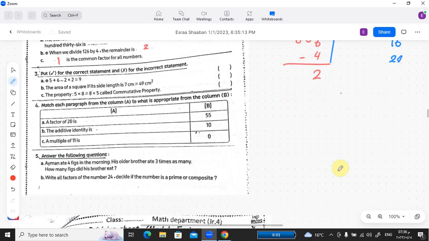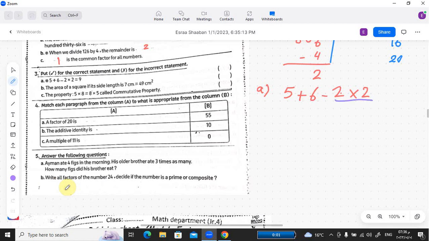Okay. Number 3. Put right for the correct statement or wrong for the incorrect statement. Letter A. We have here 5 plus 6 minus 2 times 2. We said before, first we do the brackets, but we don't have brackets here. After that, divided or times.